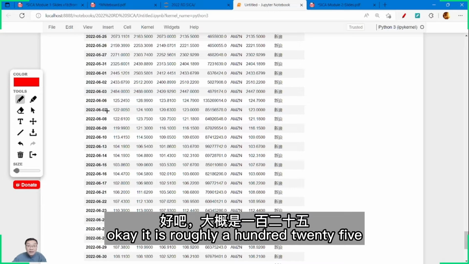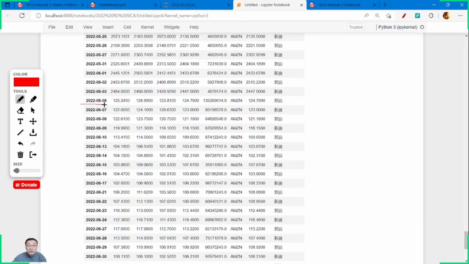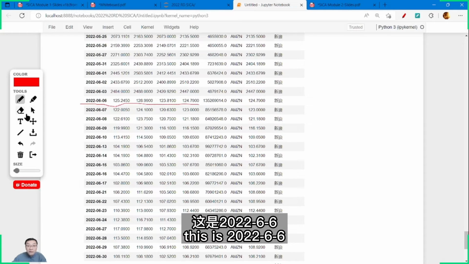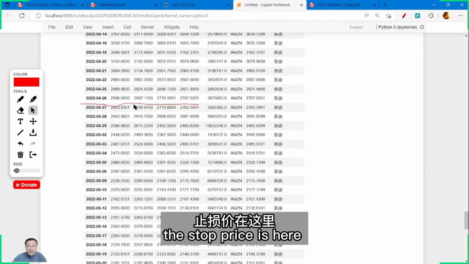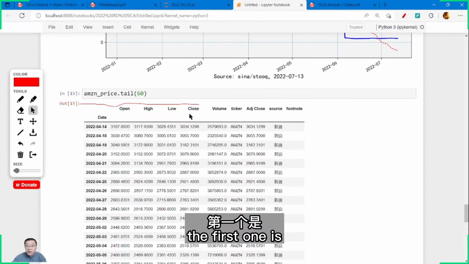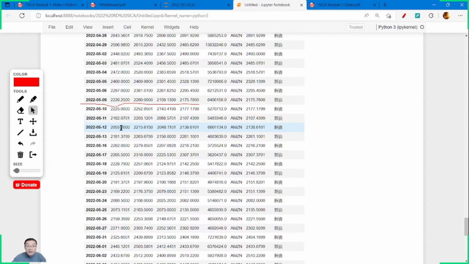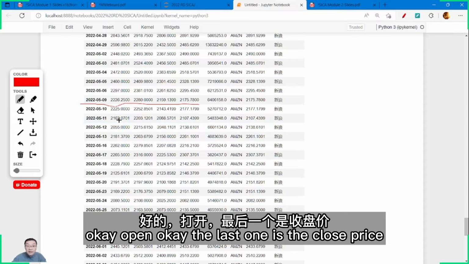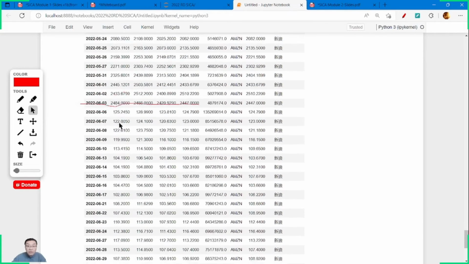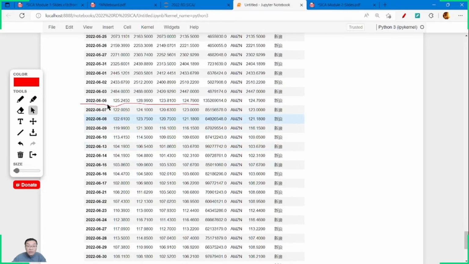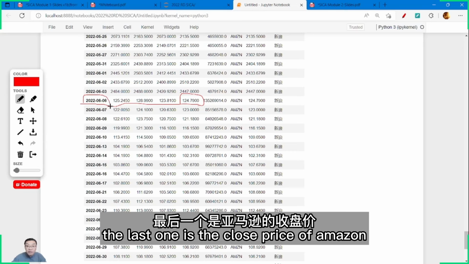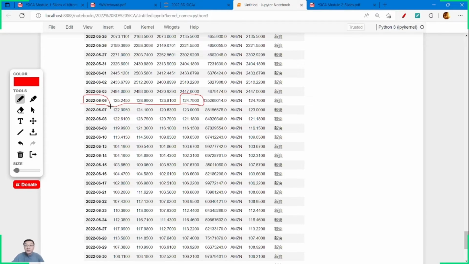Okay. This is June the 6th, 2022. The first one is the open price, and the last one is the close price. So let's look at the last one. The last one is the close price of Amazon on June the 6th, 2022, about 124, right?